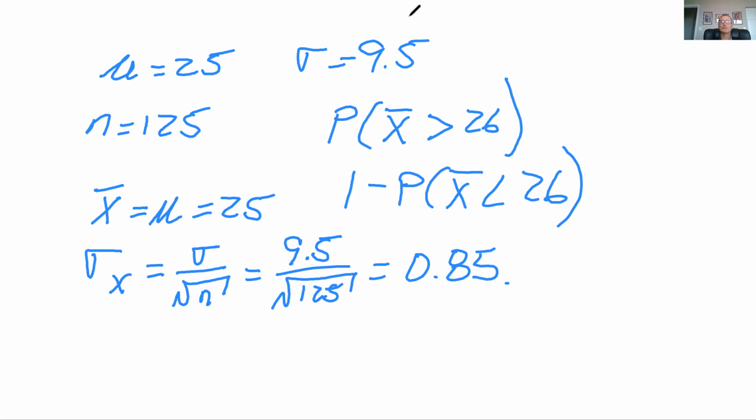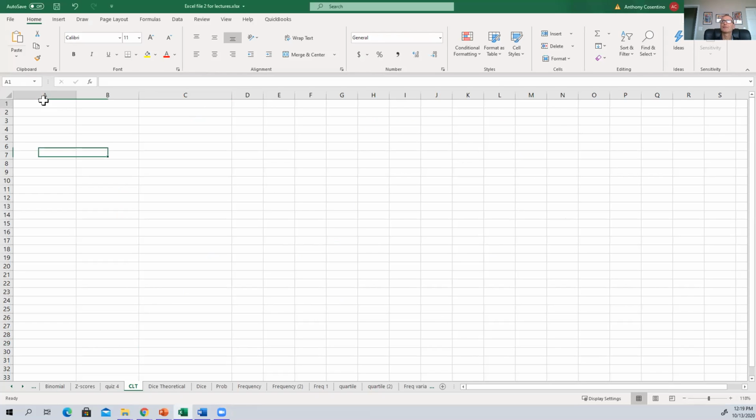Again, I clicked the wrong button. Let me try again. There's the spreadsheet. So we're going to do 1 minus the probability of x being less than 26, right?